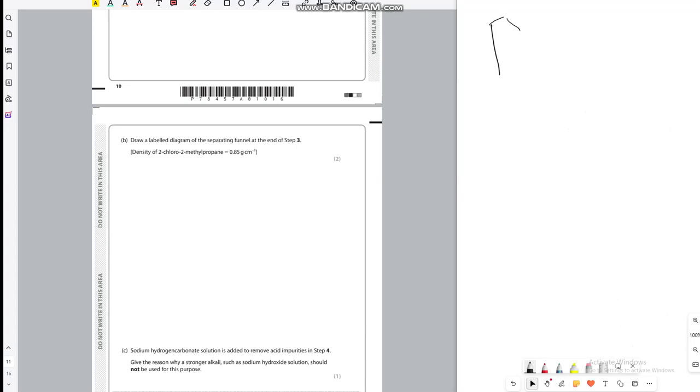Alright. So I'll draw a separating funnel. There have to be two layers.